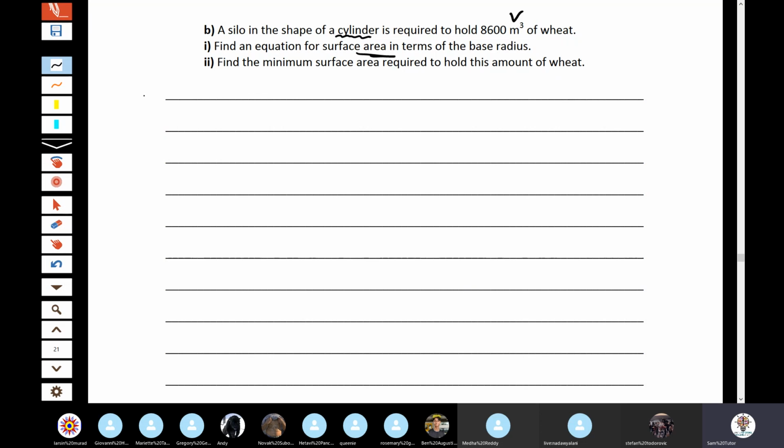Here we go. Volume of a cylinder is pi r squared h. Surface area of a cylinder is area equals 2 pi r squared plus 2 pi r h. The reason why it says in terms of base radius for surface area, look at it, it's so close. What's the only thing you don't want there?